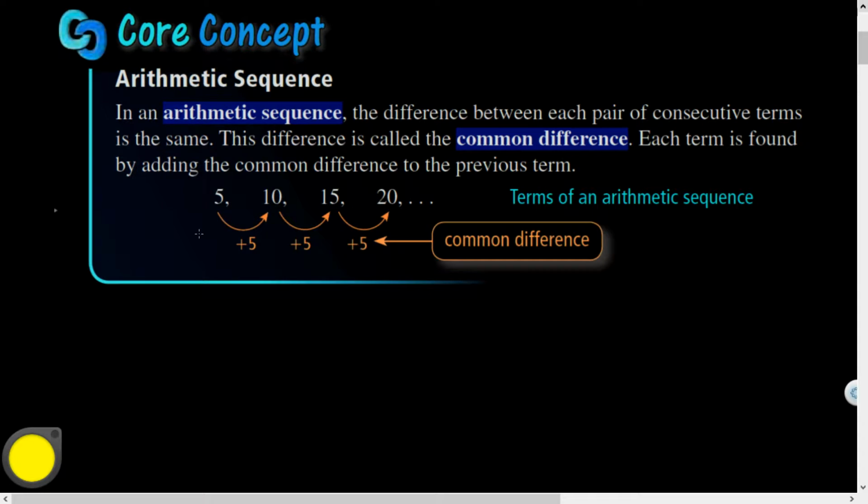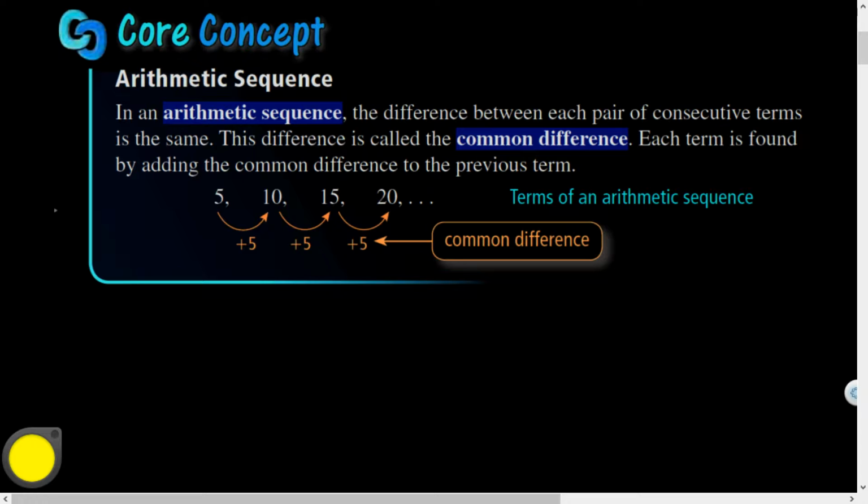There's a common rate of change, a constant rate of change, and we'll call this the common difference. This number is the difference between any consecutive or side-by-side points in my list. Each term is found by adding the common difference to the previous term.